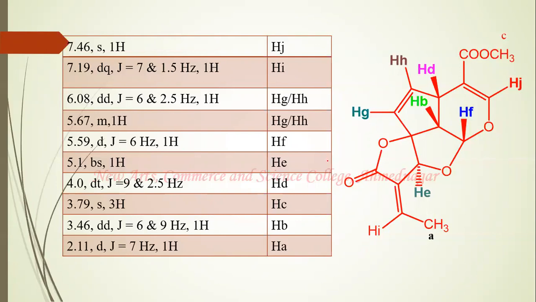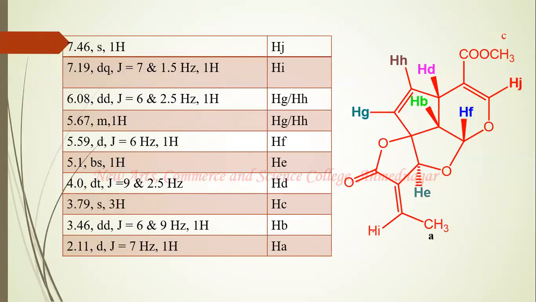If you look at the structure, we will come to know that Hj and Hi protons are present on a beta carbon atom of an alpha beta unsaturated system. Look at this. This is beta to this ester group, and Hi is beta to this lactone carbonyl group, or alpha beta unsaturated lactone carbonyl. So these two must be more de-shielded.